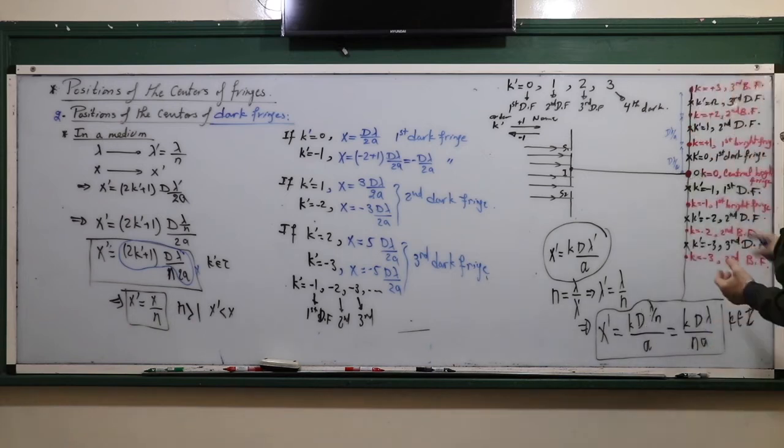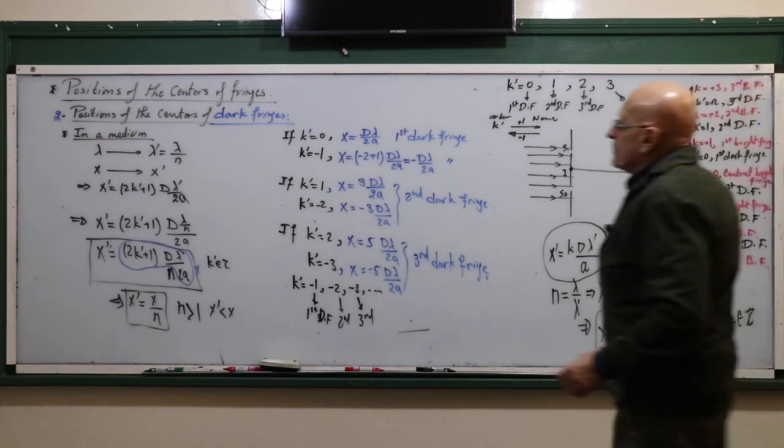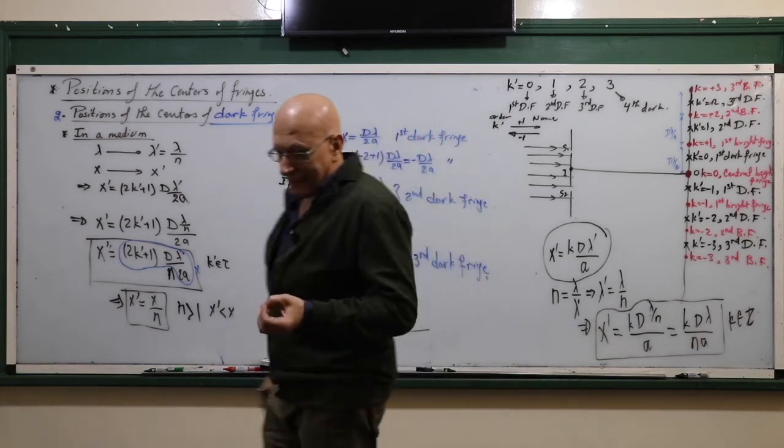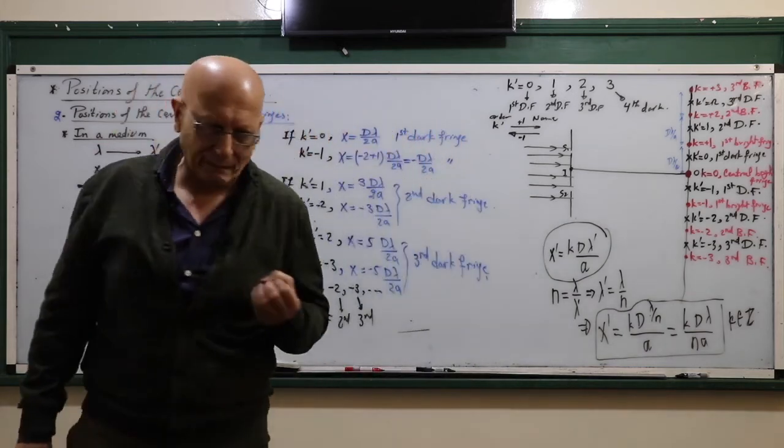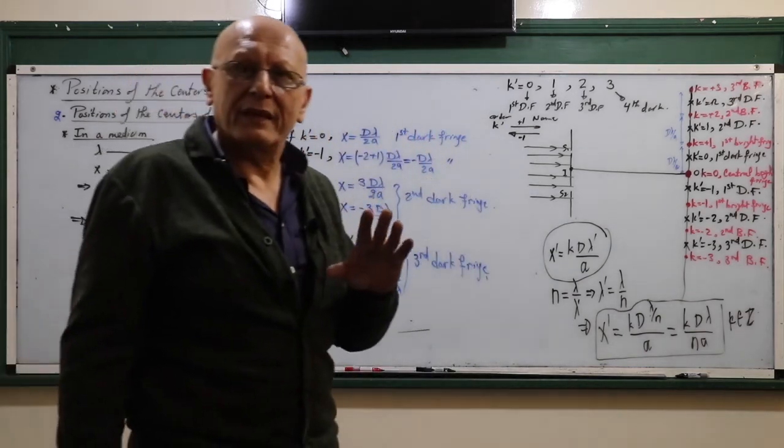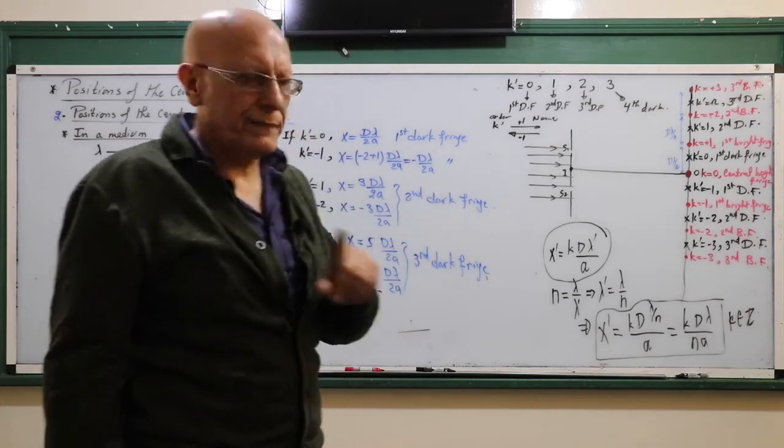Second, this is bright, dark, bright, dark, bright, which means that they are alternating, and there aren't two consecutive bright or two consecutive dark. Now, the last idea. I still have two ideas, sorry.